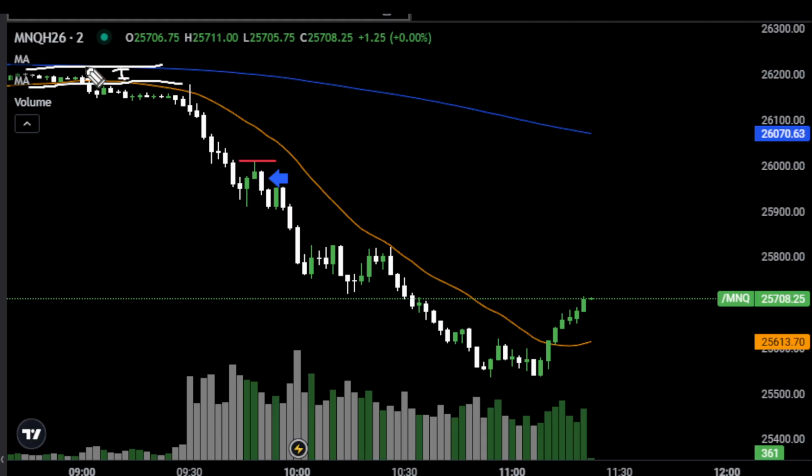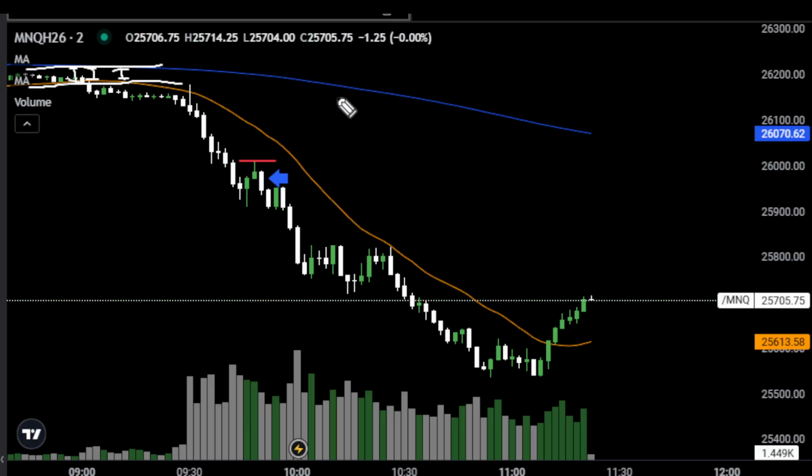Whenever they're super close and tight like this, usually a momentum move, an expansion move, will come, right? That's what we try to catch. We try to catch the momentum out of this narrow state.